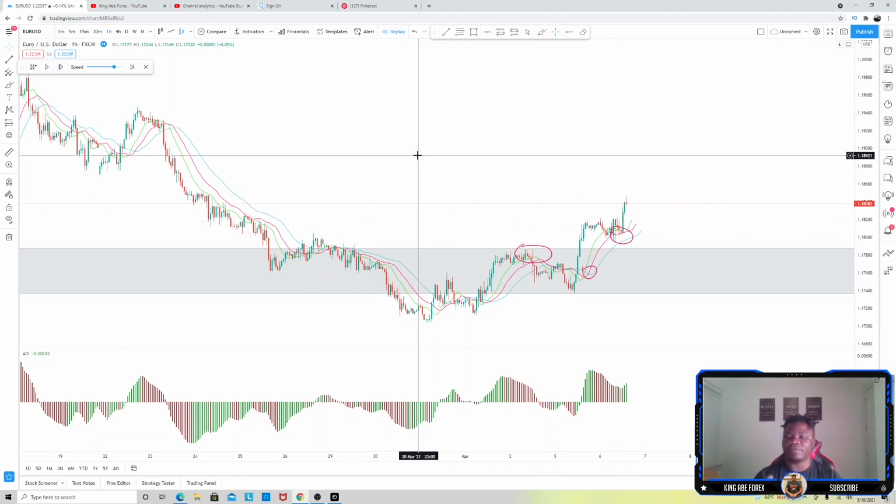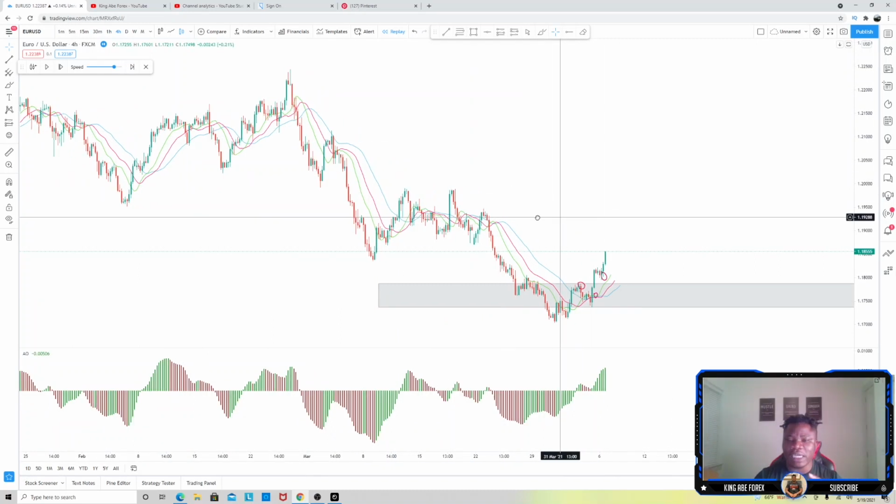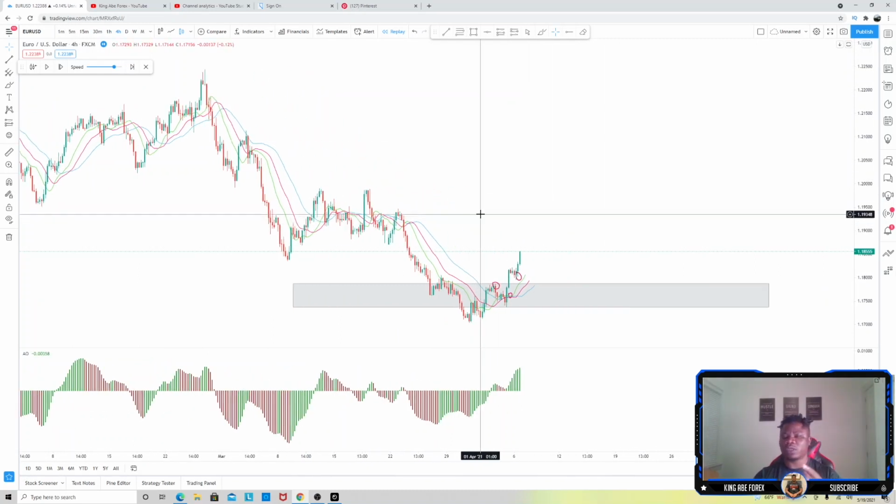Now that you have your entry, to figure out where your next zone is, which is going to be your take profit, you have to go back to the 4-hour time frame, because I want you guys to remember one thing. When it comes to Forex, all we're doing is just trading from zone to zone.